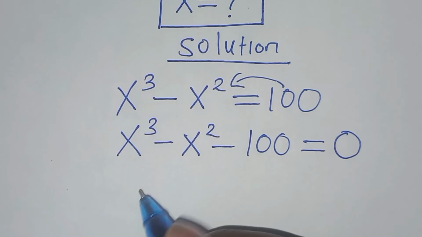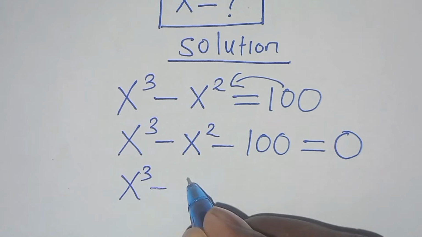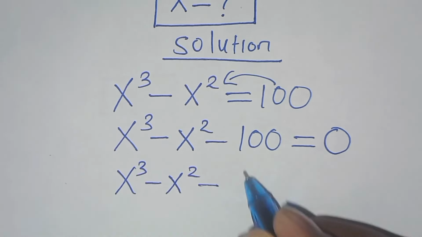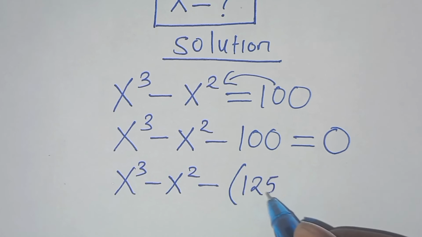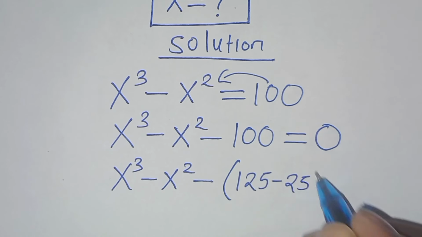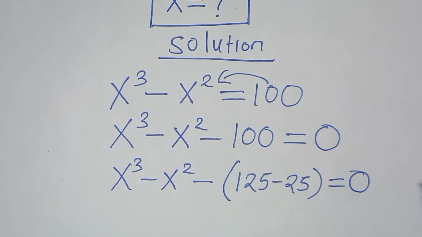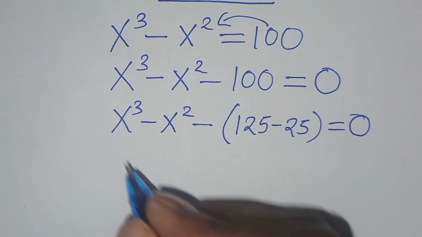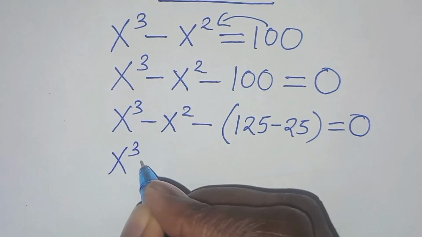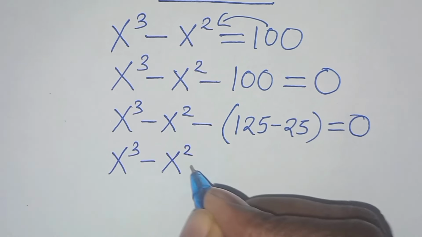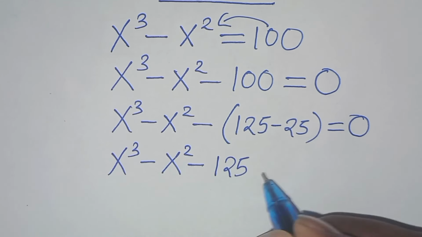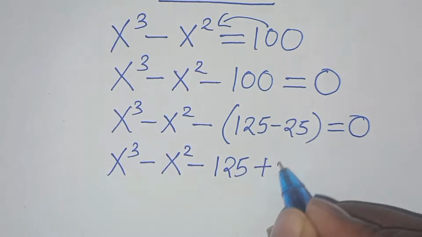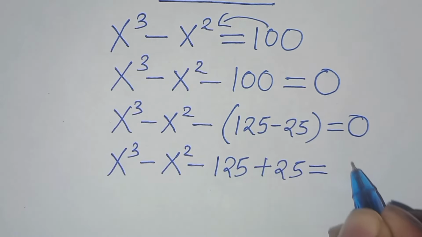The next step is that we have x to power 3 minus x to power 2 minus 100, which we can express as 125 minus 25. This is equal to 0. Now we have x to power 3 minus x to power 2, minus 125 plus 25, equal to 0.